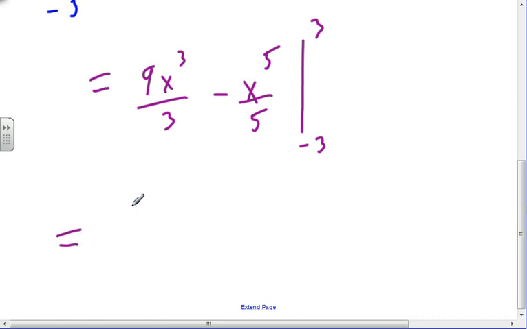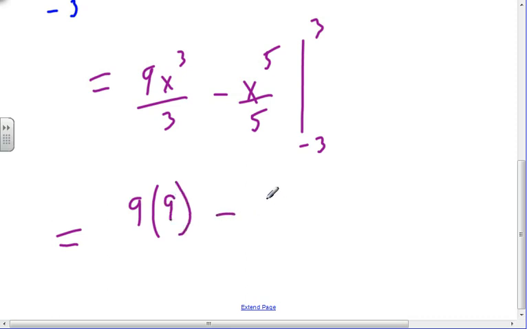Okay, so I'm going to have 9 times 3 cubed divided by 3 times 9, right?